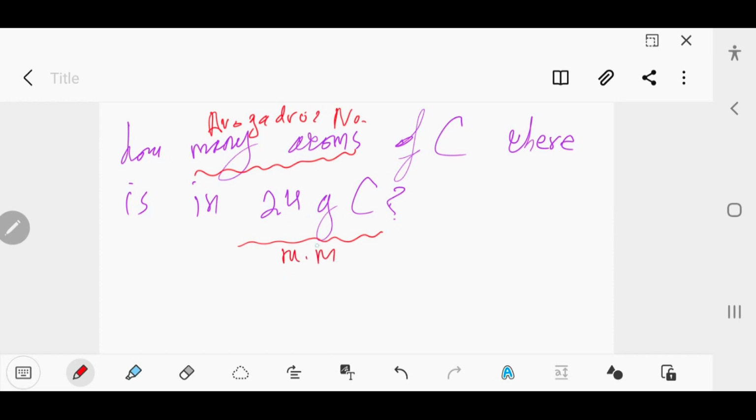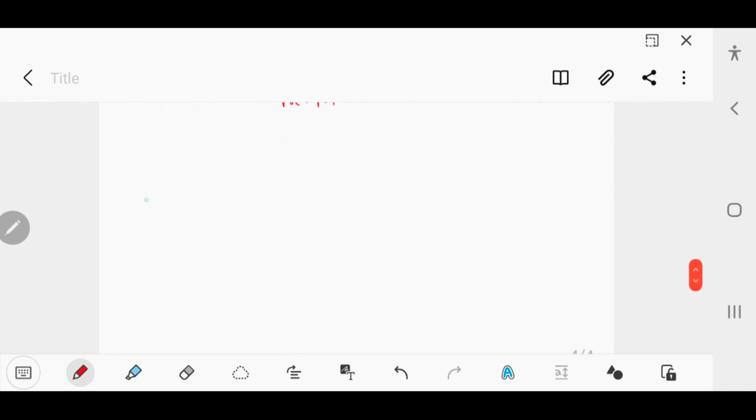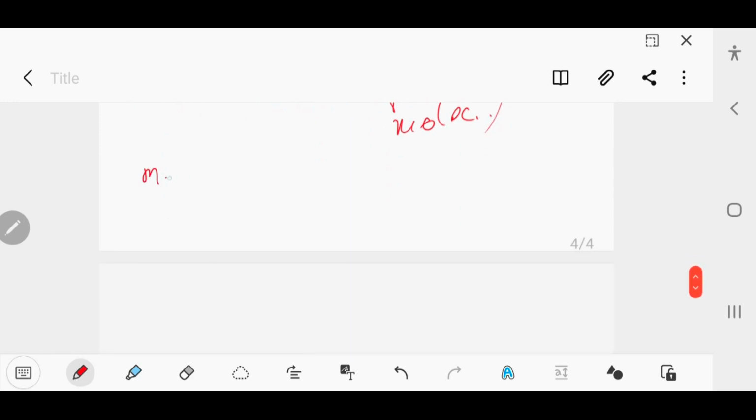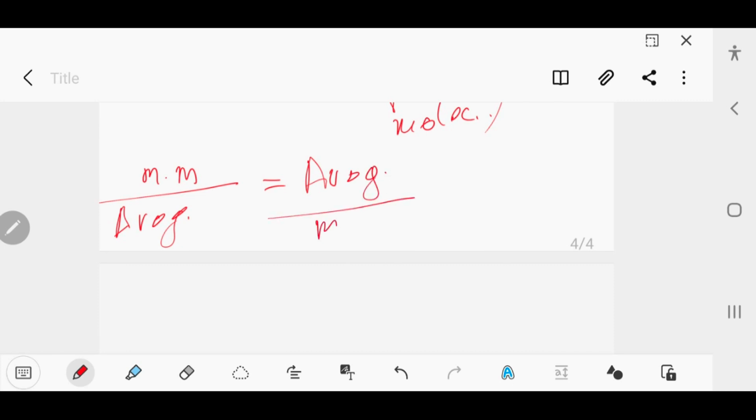So we have to find the relation between Avogadro's number and molar mass, which is also equal to 1, because each 1 molar mass of anything in chemistry is equal to Avogadro's number of atoms or particles or molecules and so on. So the conversion factor would be molar mass over Avogadro's number, or Avogadro's number over molar mass.